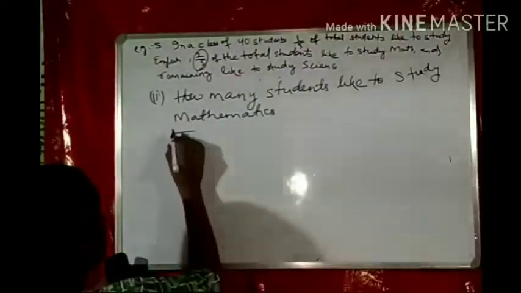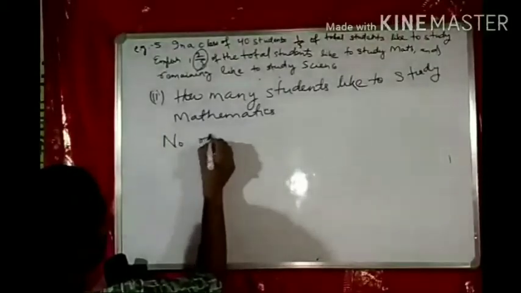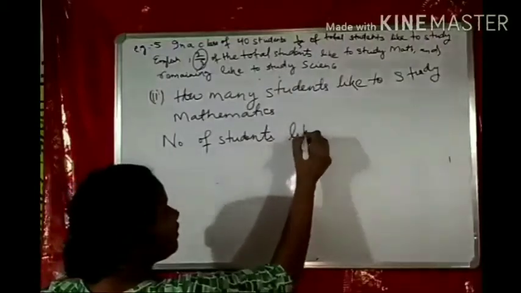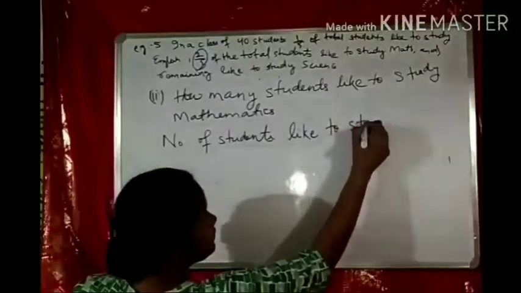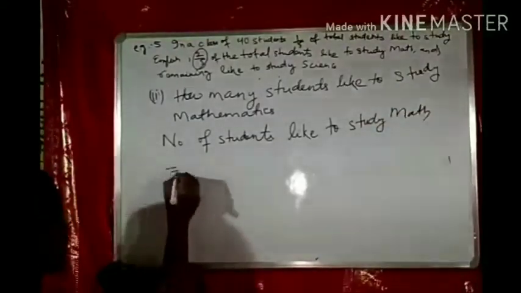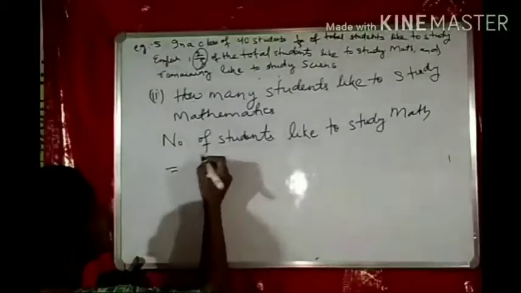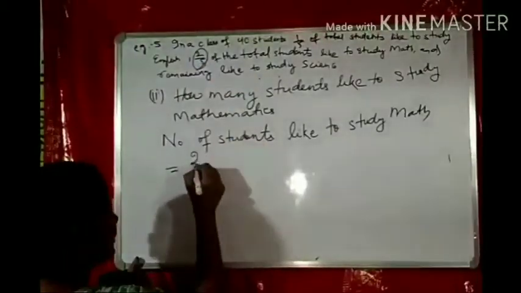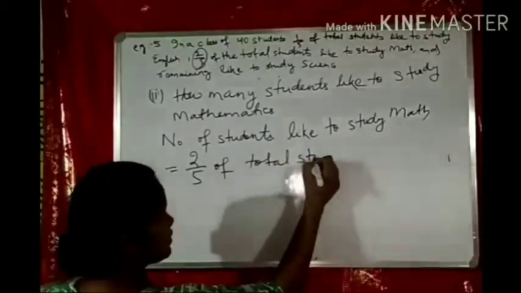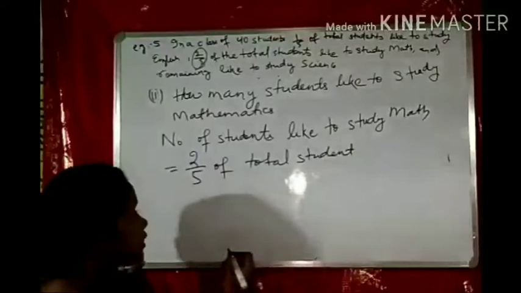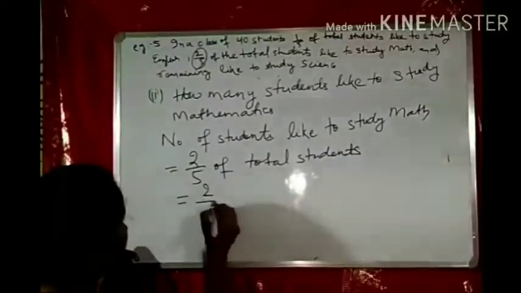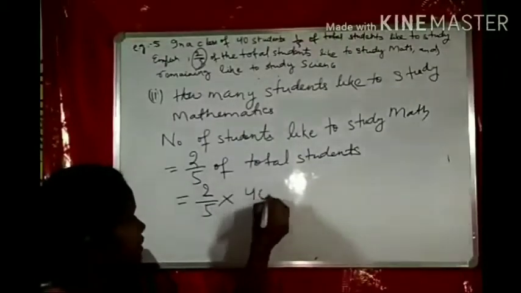So the number of students who like to study math equals what? 2 by 5 of the total students. 2 by 5 of the total students are liking to study math, so 2 by 5 into the total students, 40.